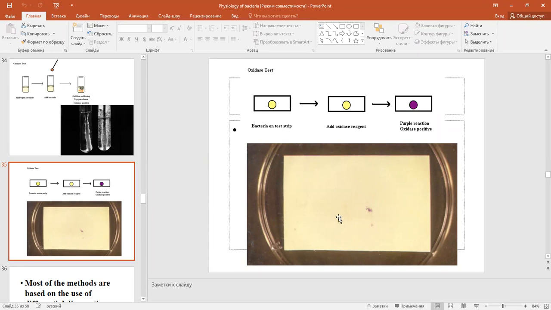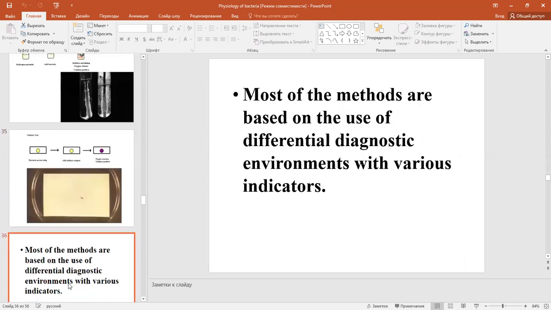Special impregnated paper systems are used for detection of oxidase and other enzymes. Sometimes urease and cystinase, like in case of diphtheria diagnosis, are necessary to detect. Sometimes citrate utilization for Bordetella identification, or other specific enzymes should be detected.